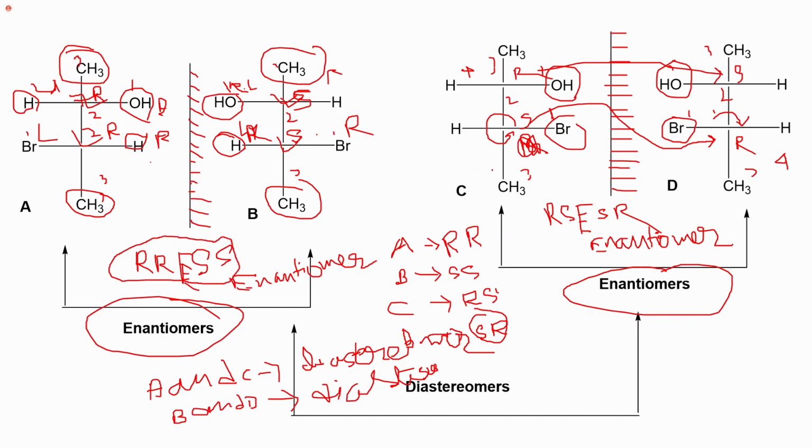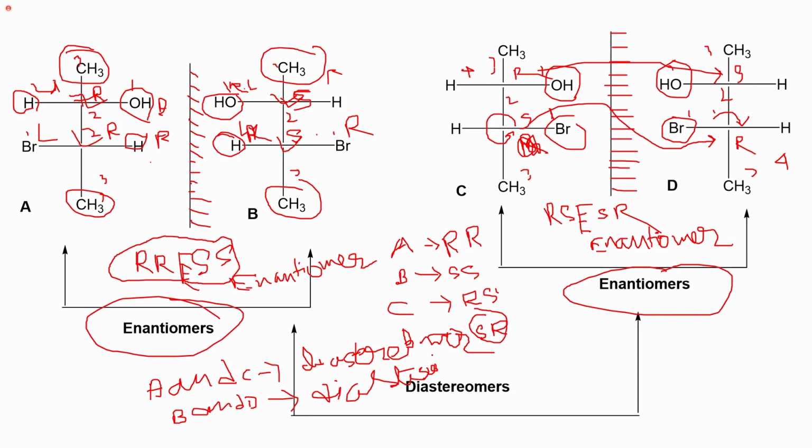Now C and D: if this carbon is R and this carbon is S, then this will definitely be S, and this is R. So RS and SR are enantiomers of each other. Now, A is RR, B is SS, C is RS and D is SR, so A and C are diastereomers of each other.